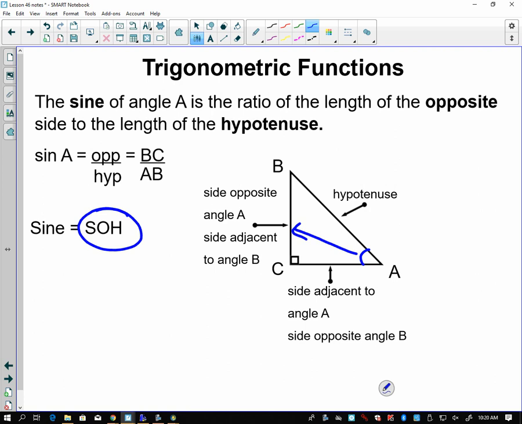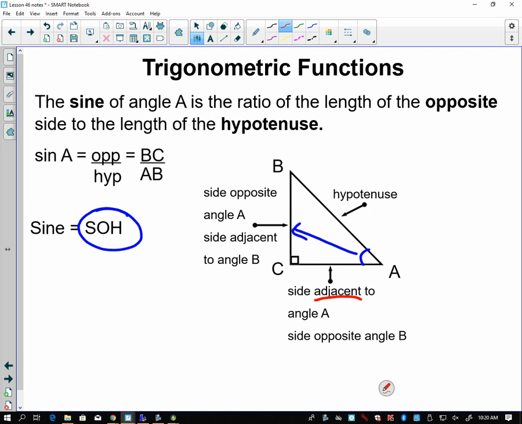The next one is the one that people really have trouble with, which is adjacent. The side adjacent is the side that is not opposite and is not the hypotenuse. It touches the vertex of my angle, and is not the hypotenuse side. Does that make sense?